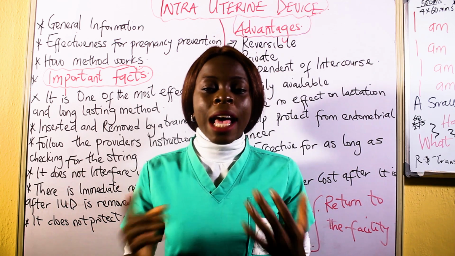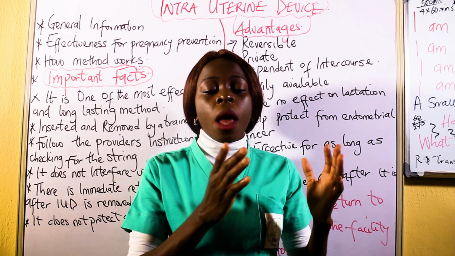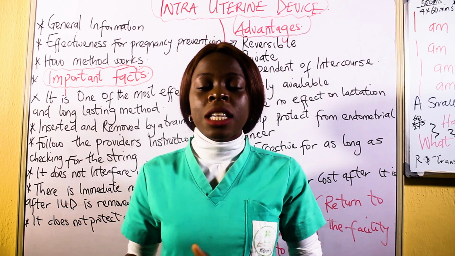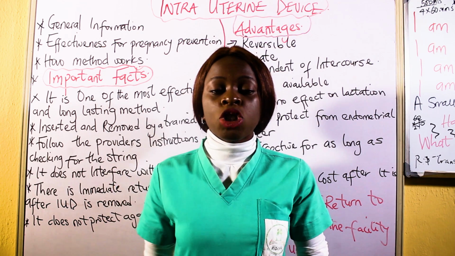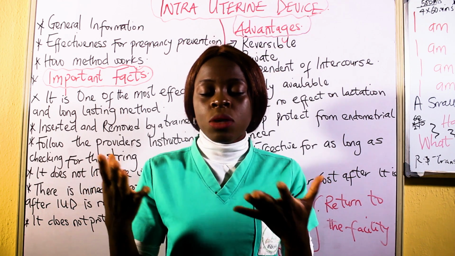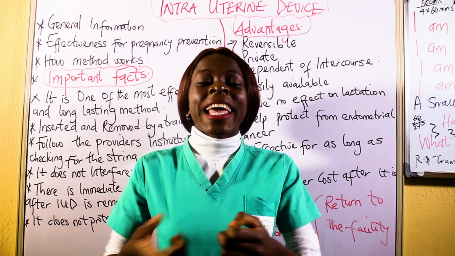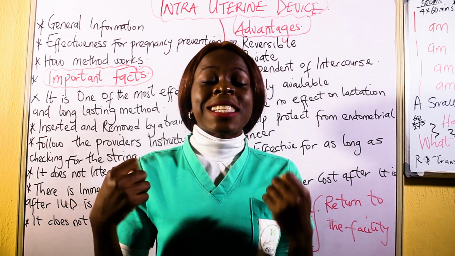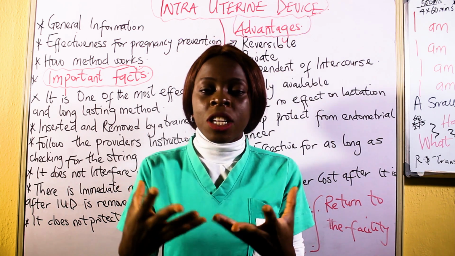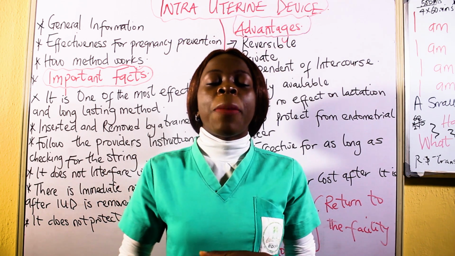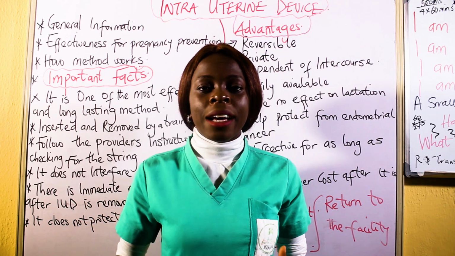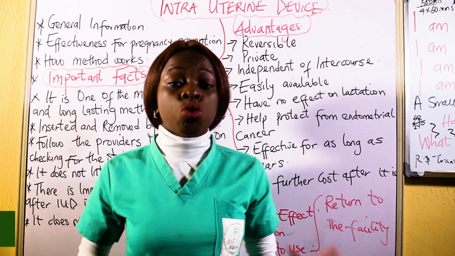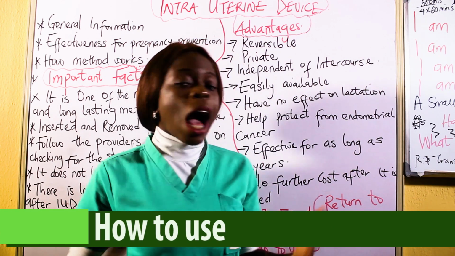Because if not assessed for infection, it can lead to what? Pelvic inflammatory disease. There can be what? Uterine perforation. This IUD device can actually leave. When it leaves, it's also a complication. It's a sign that it was not administered by what? A trained provider. Now let's talk about how to use. That is the next heading, how to use.